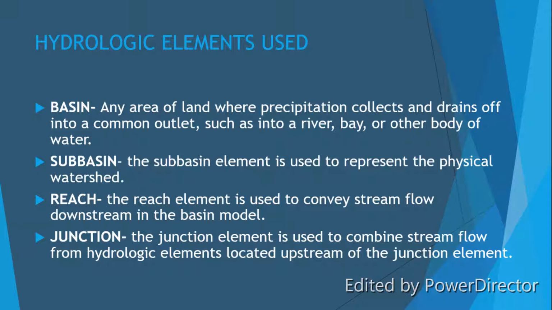The sub-basin element is used to represent the physical watershed. Reach. The reach element is used to convey stream flow downstream in the basin model. And junction. The junction element is used to combine stream flow from hydrologic elements located upstream of the junction element.